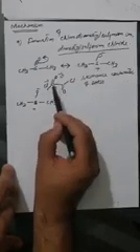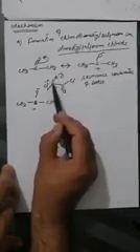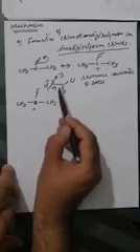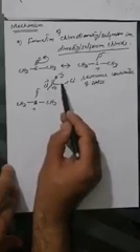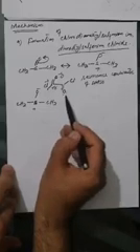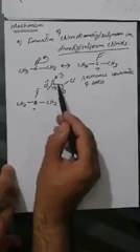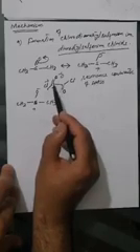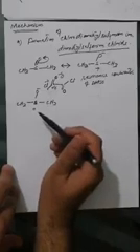This keto group is attached to one chloride, which has a negative inductive effect, and it is also attached to another group which has a negative inductive effect. So that's why the electrophilicity of this carbon also increases.